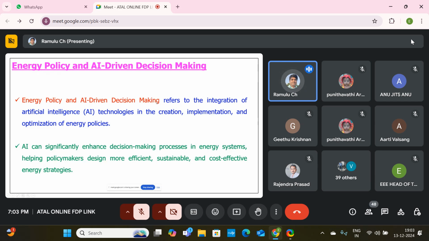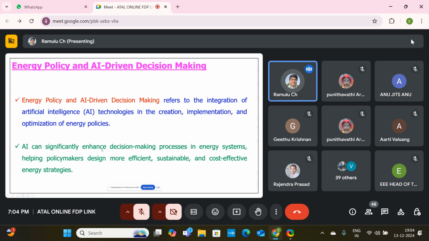That is the meaning: the integration of AI technologies in the creation, implementation and optimization of energy policies. AI can significantly enhance things from the beginning onwards. No doubt about that, only a few things are missing. With the help of AI, everything is going to benefit.